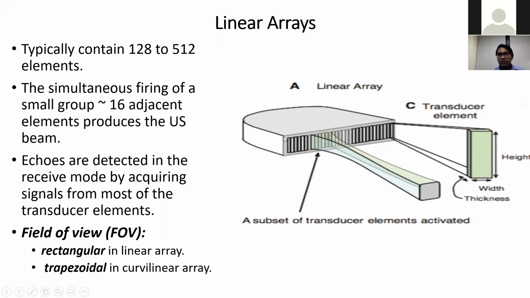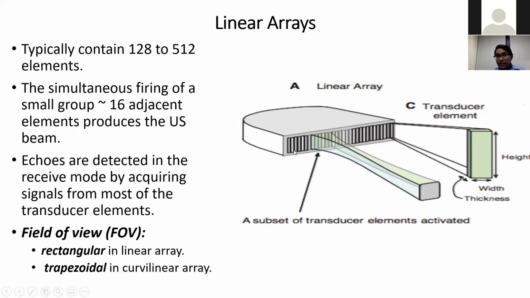For example, in this figure you can see a linear transducer. This linear transducer has piezoelectric elements present here, and these piezoelectric elements are diced into 128 up to 512 elements. Those are the most common numbers that we use for medical ultrasound.